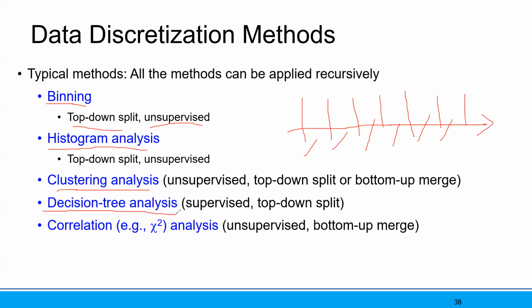Decision tree analysis, yeah, we can use some methods later in the supervised and top-down split. Or you can use correlation analysis, the chi-square analysis. The chi-square analysis means you can see the correlation. If the data are correlated, then you can make the discretized value.